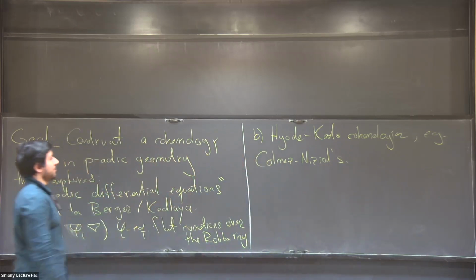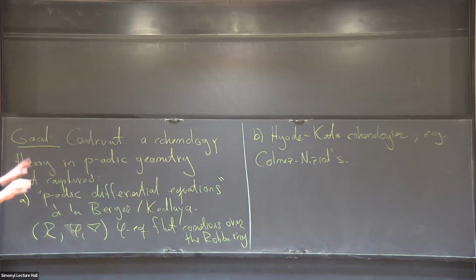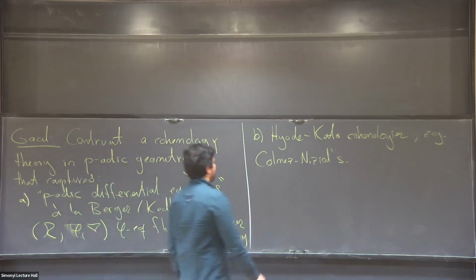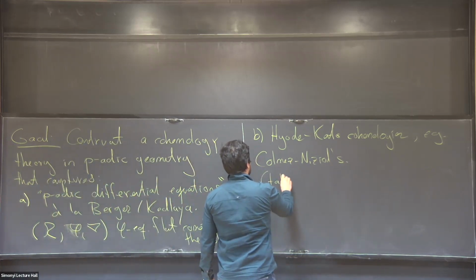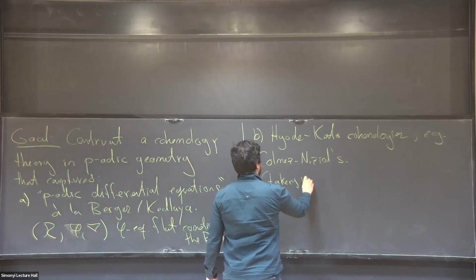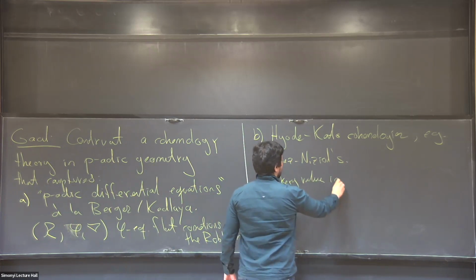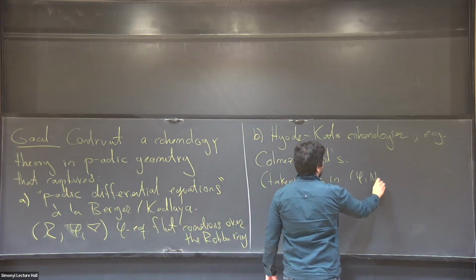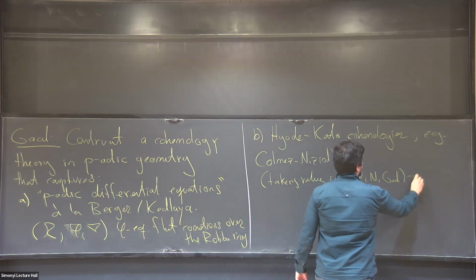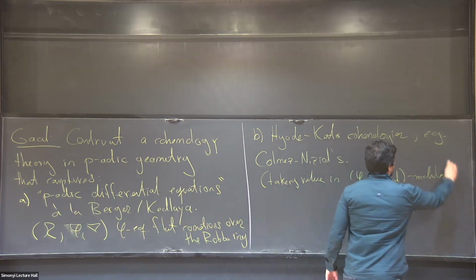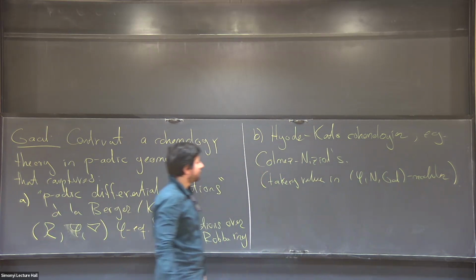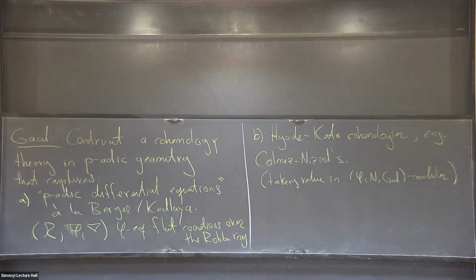Roughly speaking, at least the way I understand it, the Hyodo-Kato cohomology is a cohomology theory that takes values in something called (phi, N)-Galois modules, that somehow improves crystalline cohomology.